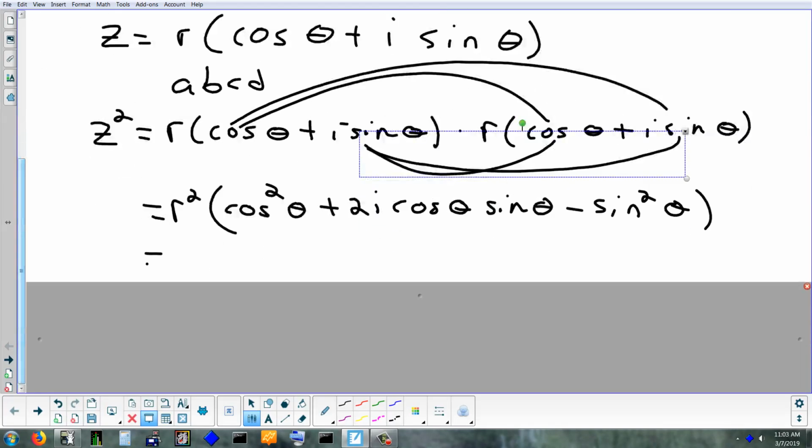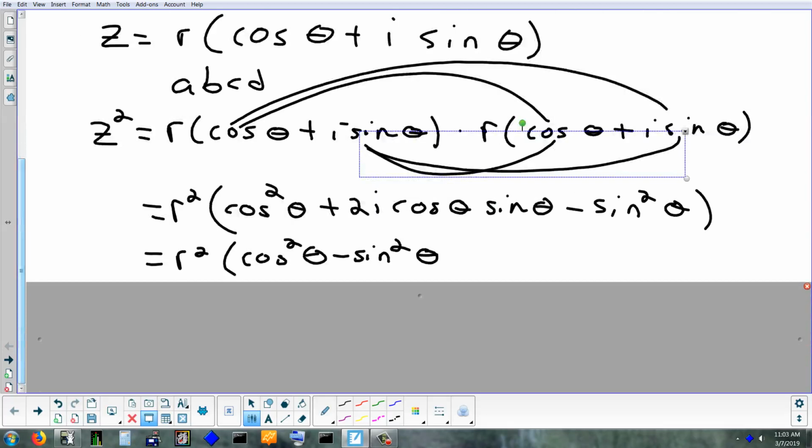Okay, let's simplify. Let me rearrange this a little bit. I'm not going to do any simplifying. I'm just going to move different things next to each other. Let's write this as cosine squared, and let's put the minus sine squared right after it. So cosine squared minus sine squared.